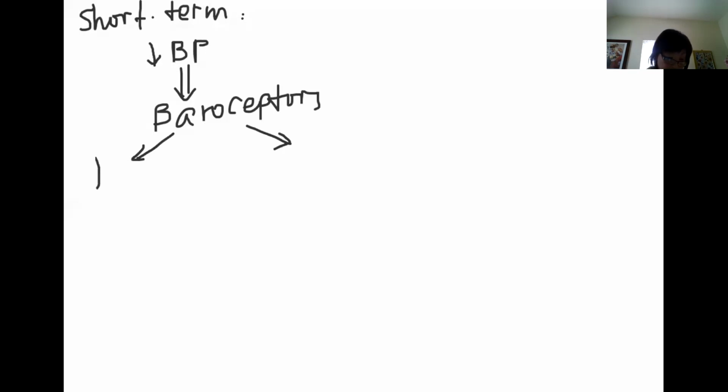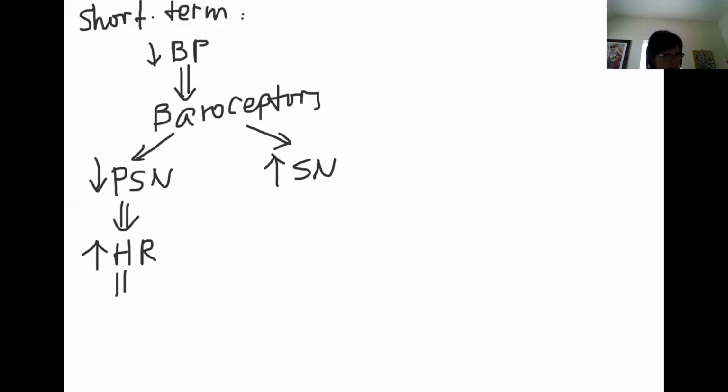Number one is to inhibit the parasympathetic nerve. Number two is to stimulate the sympathetic nerve. So by inhibiting parasympathetic, you already know it's going to increase the heart rate, increase output, increase pressure. Just opposite of the previous drawing.